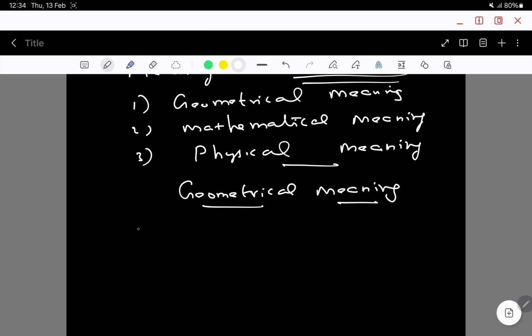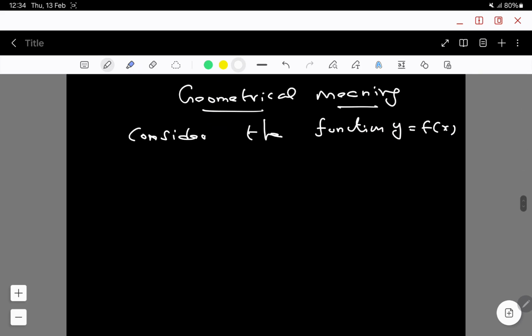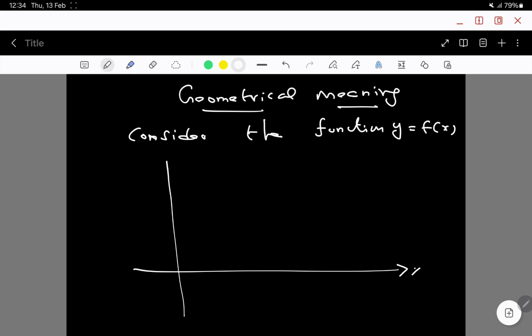Now consider the function y equal to f of x. We draw a curve for the function y equal to f of x. This is the x-axis and y-axis, and I draw a curve like this.